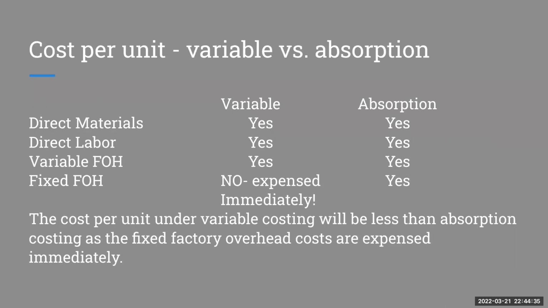Now, in terms of the cost per unit, what's the same? Direct materials, direct labor, and variable overhead. In a variable costing income statement, these are all a part of the variable cost of goods sold, and that is going to be the same as under absorption. But the big difference is fixed factory overhead, which becomes a part of the absorption cost per unit.